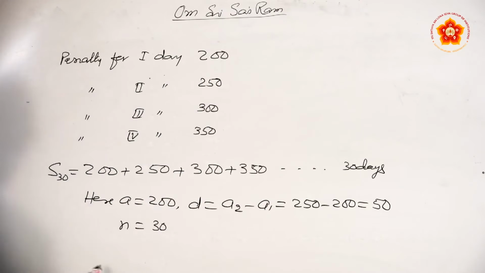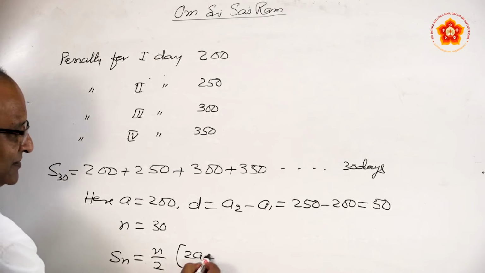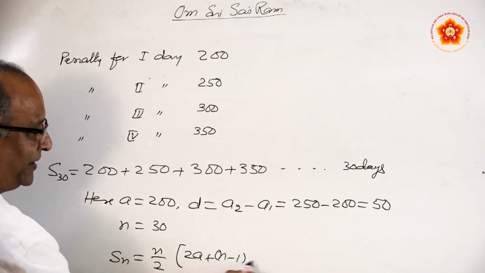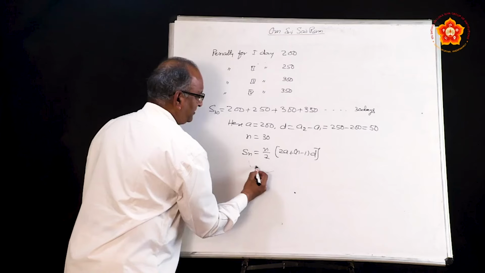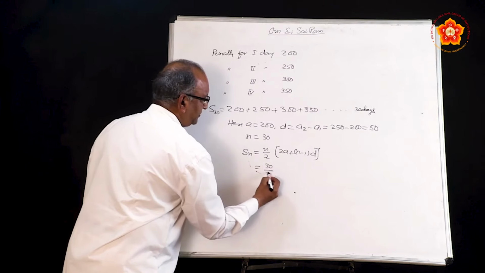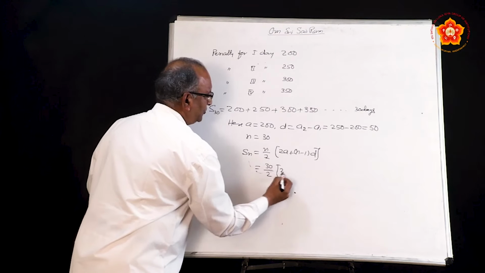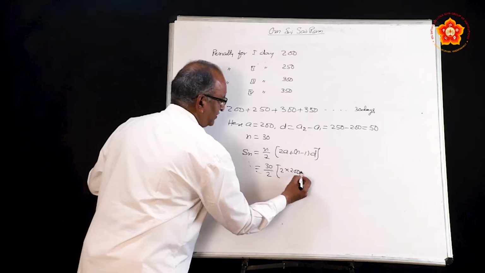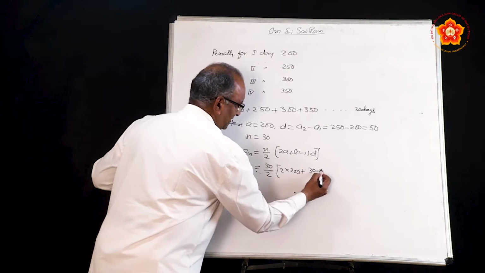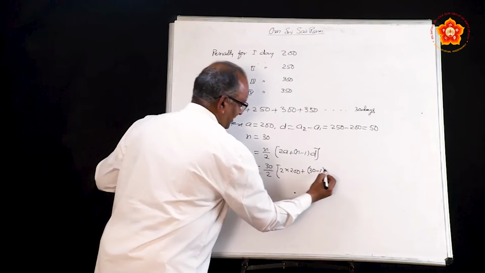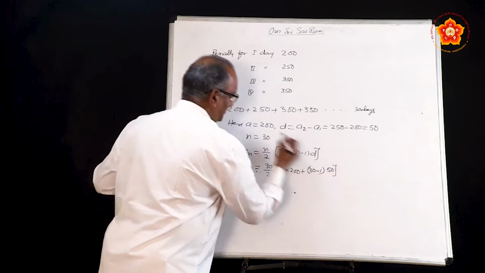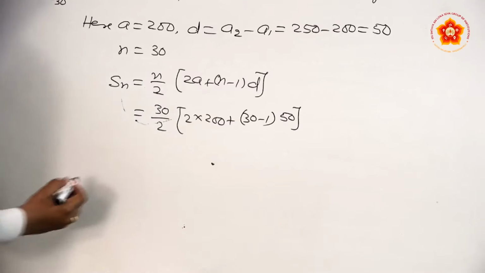So use the formula as we used the last time, Sn equal to n by 2, 2a plus n minus 1 into d. Substitute the values, 30 by 2, 2 into 200 plus 30 minus 1 into d. d is 50 rupees. The difference between the terms is 50.